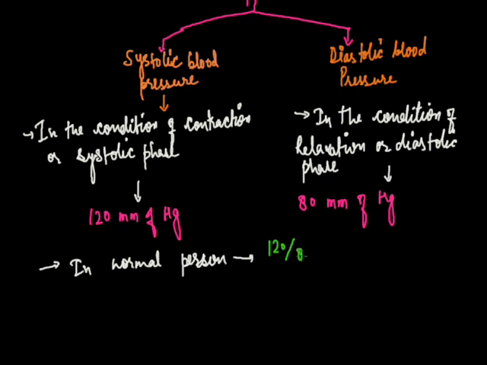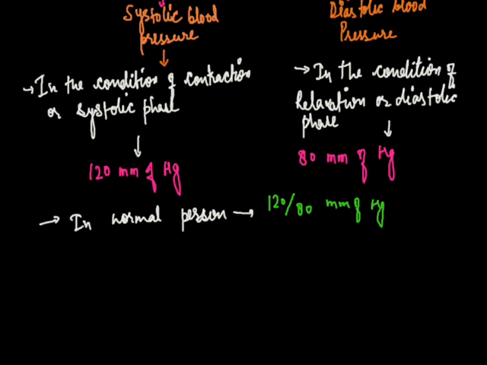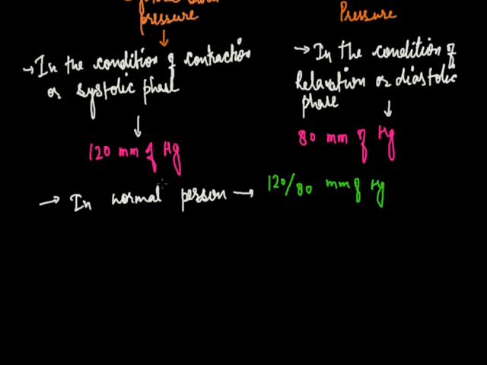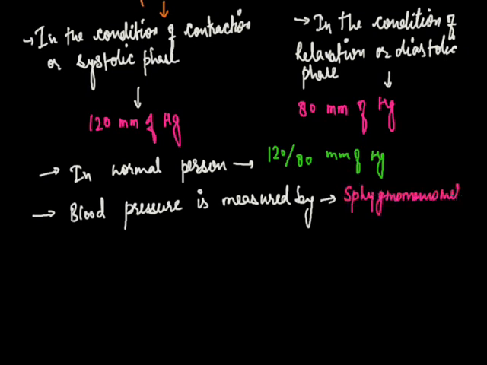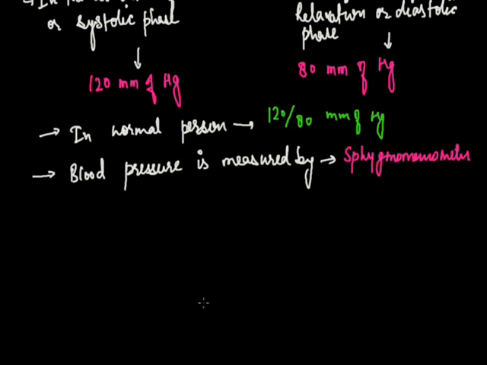If a person's blood pressure is lower or higher than this standard, the person is suffering from low blood pressure or high blood pressure disorder. Blood pressure is measured by an apparatus called a sphygmomanometer.